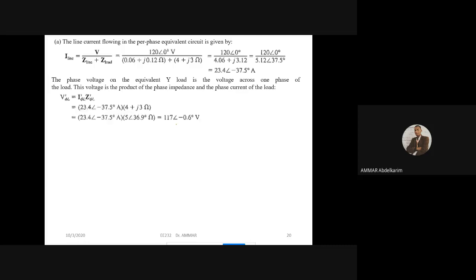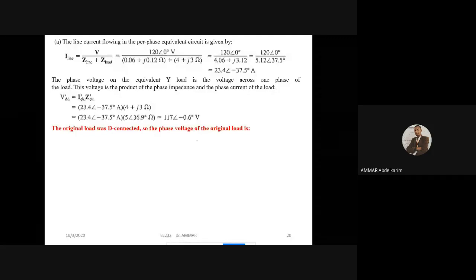Then the phase voltage on the equivalent Y is the voltage across one phase. Then the voltage of the load equals the current of the load multiplied by the impedance of the load.